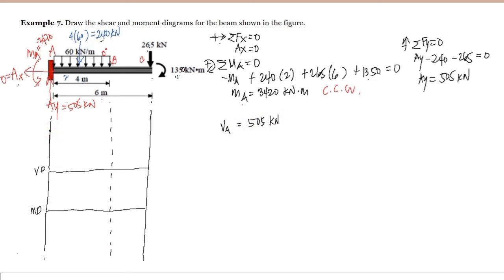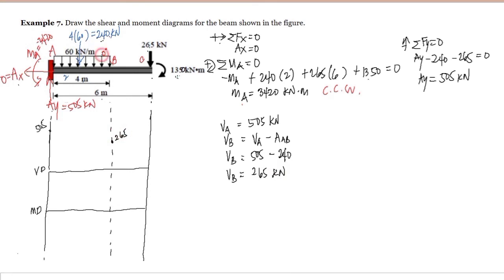The shear at point B is just equal to the shear at point A minus the area of the uniformly distributed load from point A to point B. We have 505 minus the area of the uniformly distributed load, which is 240. This is equal to 265 kilonewton.